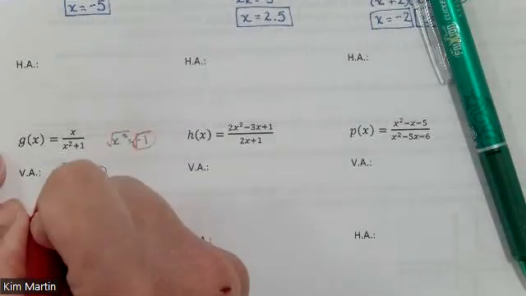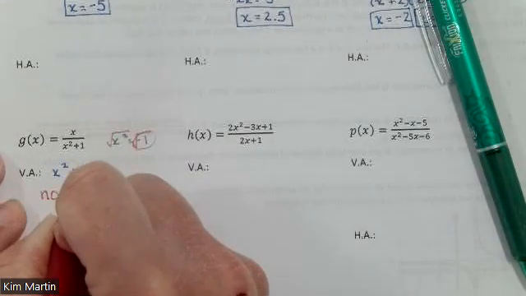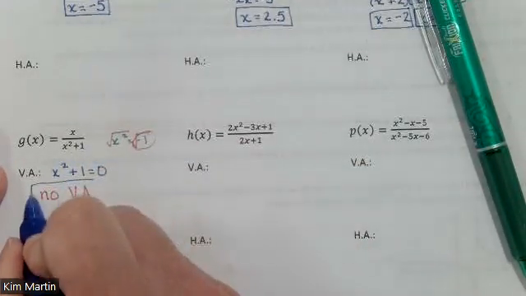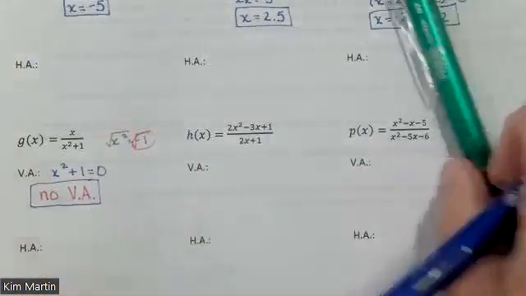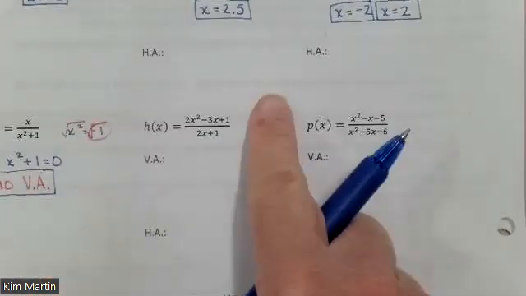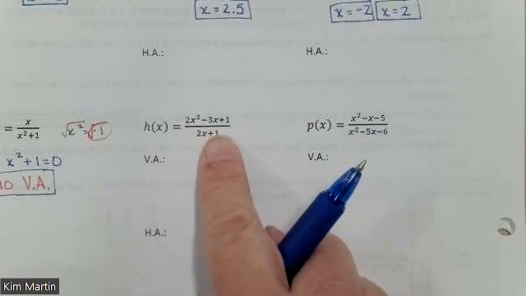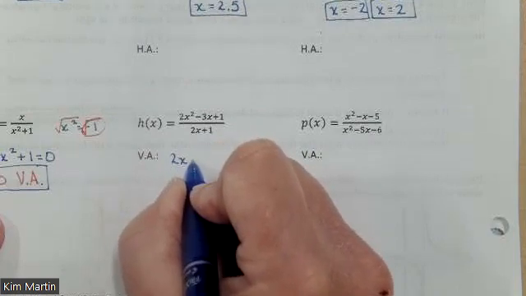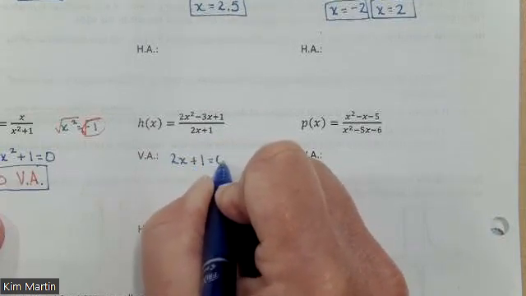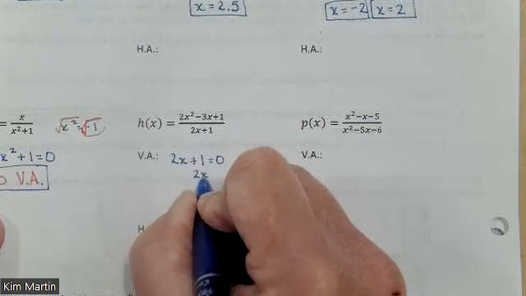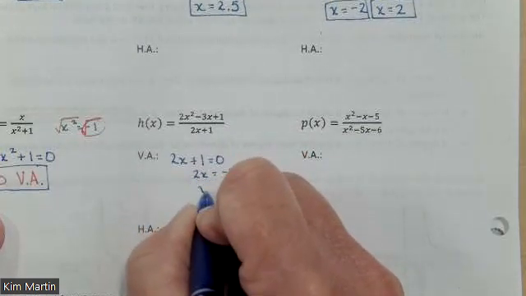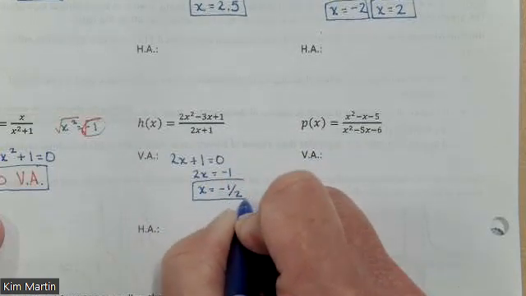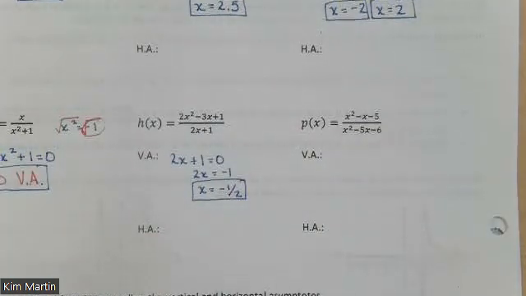So here, there are no vertical asymptotes in that case. Find your vertical asymptote here. You've got -1/2.